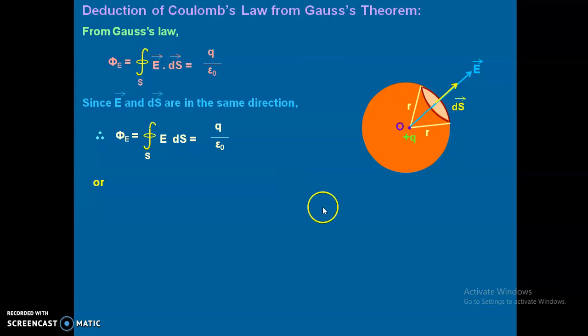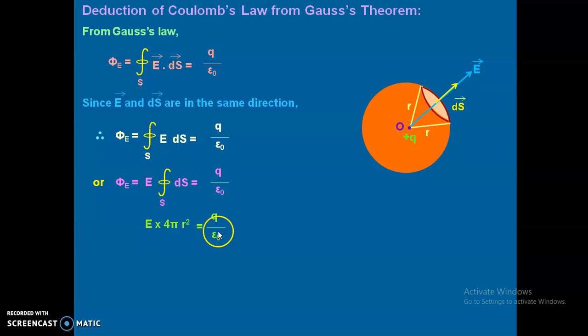Next, E outside times the integration of dS is equal to q upon epsilon naught, and the integration of dS, the surface integral for the whole area of this sphere surface, will be equal to 4 pi r square, because the total surface area of a sphere is 4 pi r square.